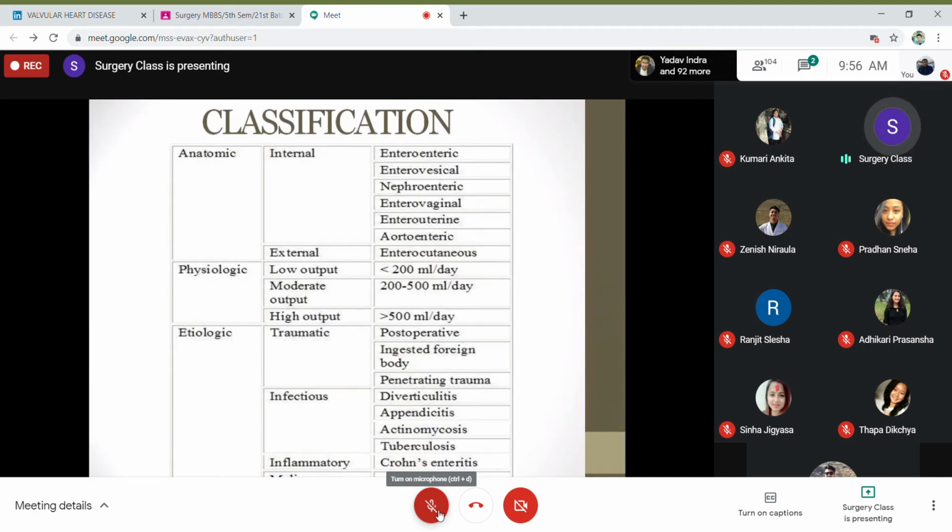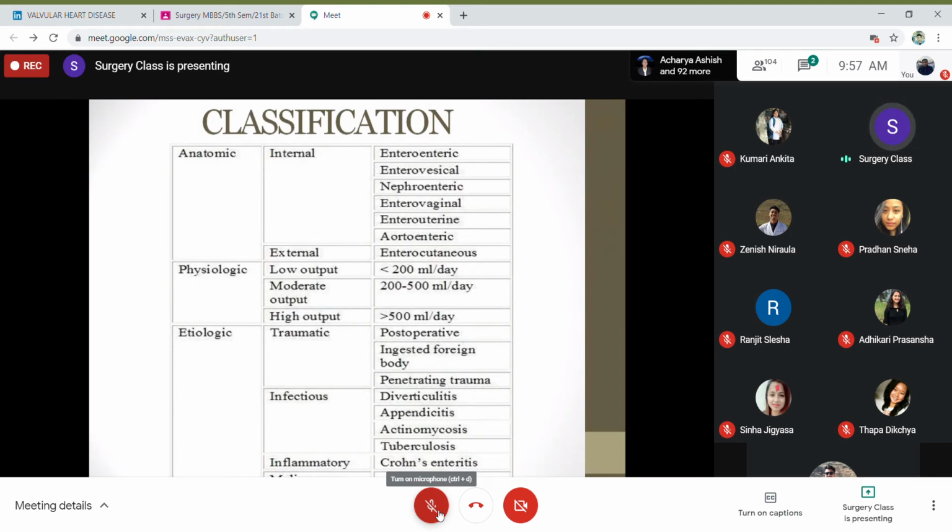There is a very nice classification, Hinchey's classification, for diverticulitis. Appendicitis and actinomycosis, actinomycosis and tuberculosis are very notorious for causing enterocutaneous fistula. Actinomycosis is a fungal infection, and you will be taught in detail about tuberculosis later, tuberculosis of the intestine and peritoneum.